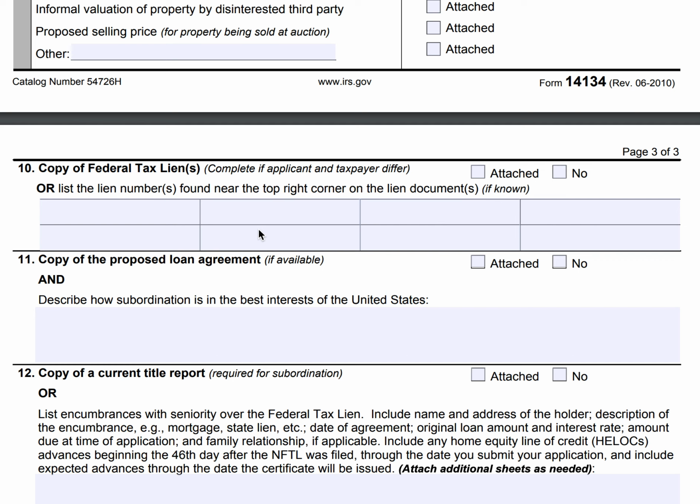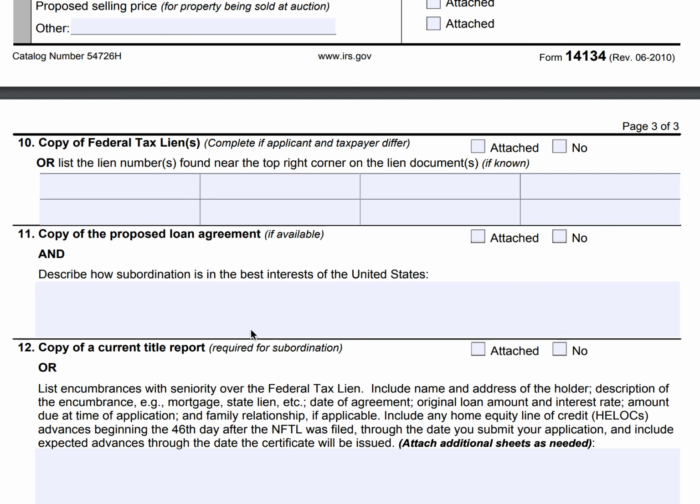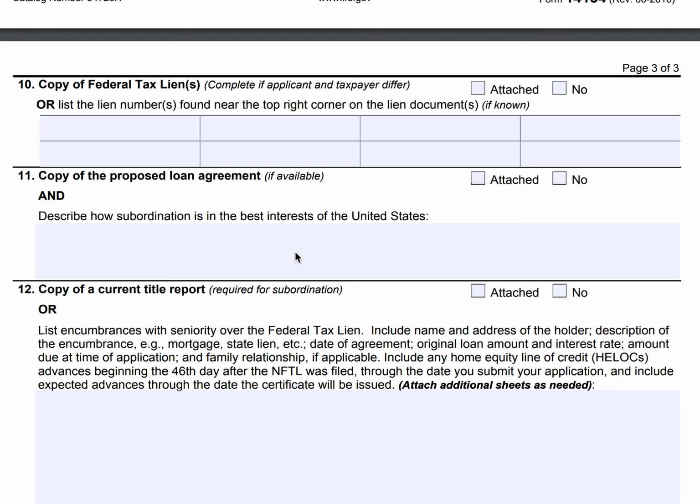So for item 10, you're going to either attach a copy of the lien or you'll list the lien number or numbers that you'll find in the top right corner. In item 11, you'll attach a copy of the proposed loan agreement if you have it. So, the preliminary paperwork that you normally get from your loan officer, you could probably attach that here.